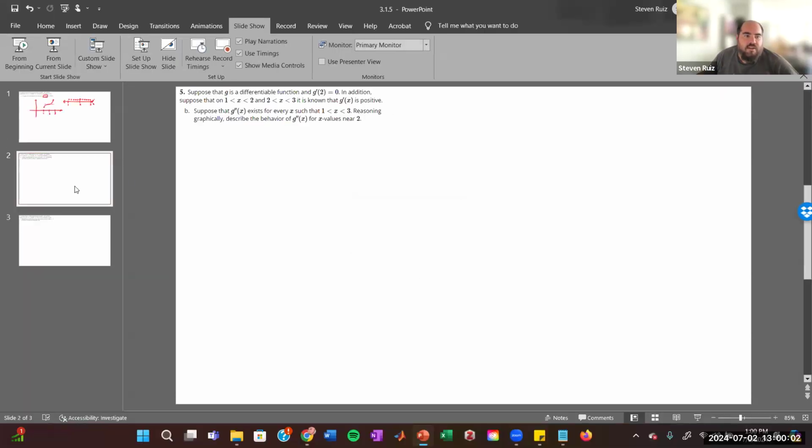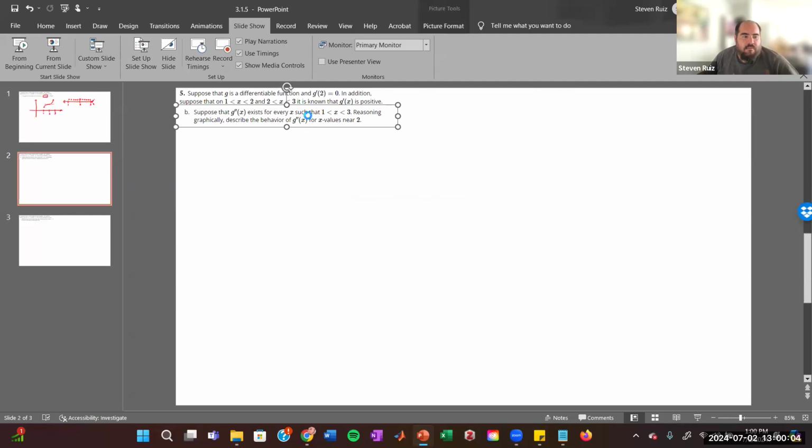For part B, suppose that g double prime exists for every x on this interval. Describe the behavior of g double prime of x for values of x near 2. It probably makes more sense to do this since we've already done some drawing.